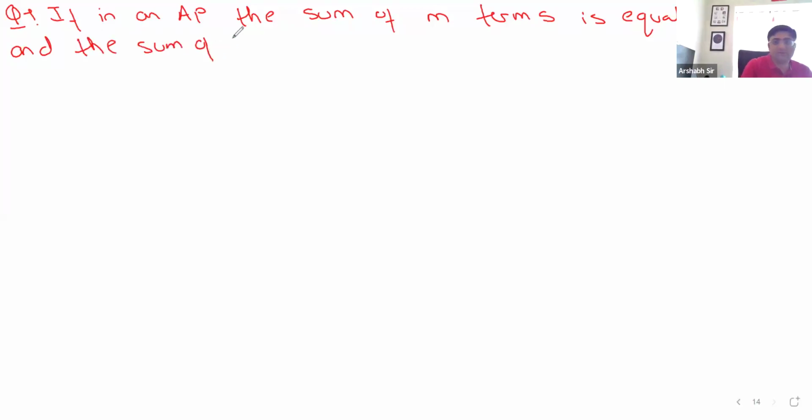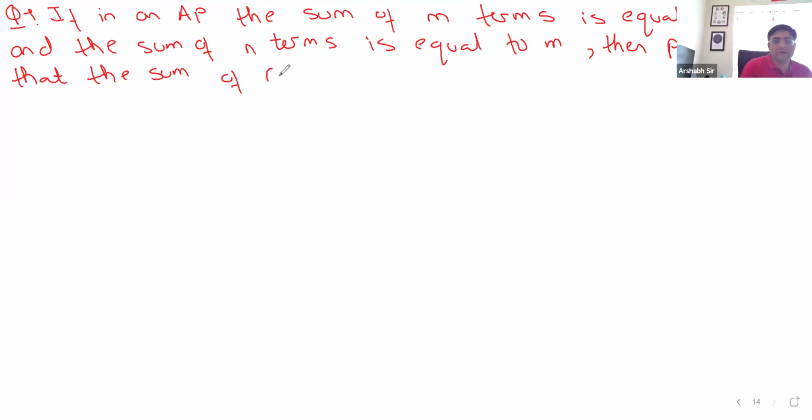If in an AP the sum of m terms is equal to n and the sum of n terms is equal to m, then prove that the sum of m plus n terms is minus of m plus n.